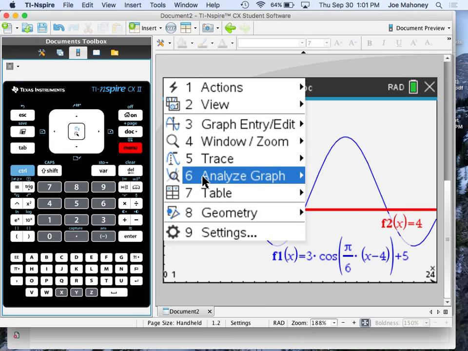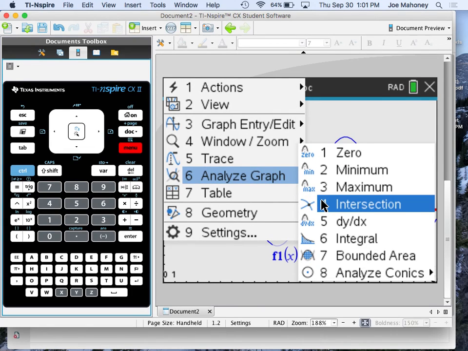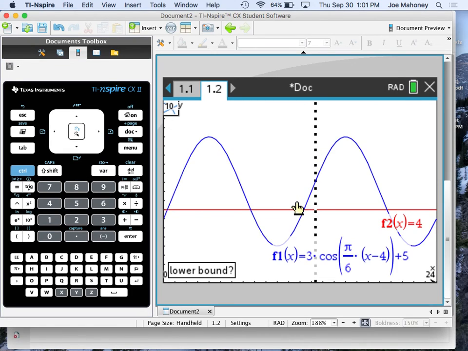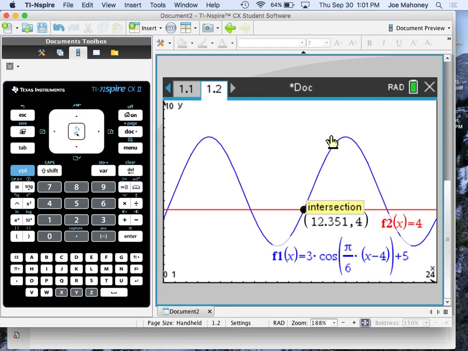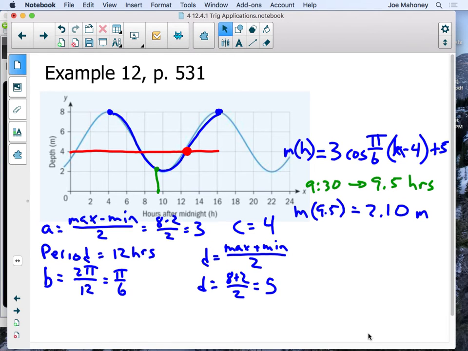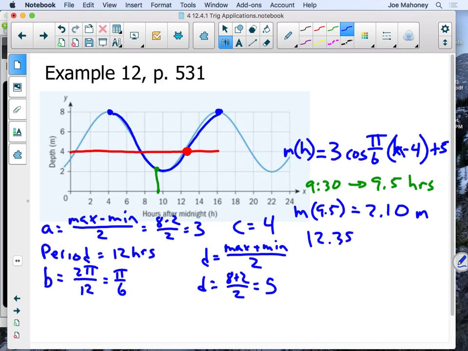So let's analyze the graph and find the intersection. Let's go from here to about there, and look what we get. There's our intersection point, so 12.35 hours later. So 12.35 hours afterwards, he can go fishing.